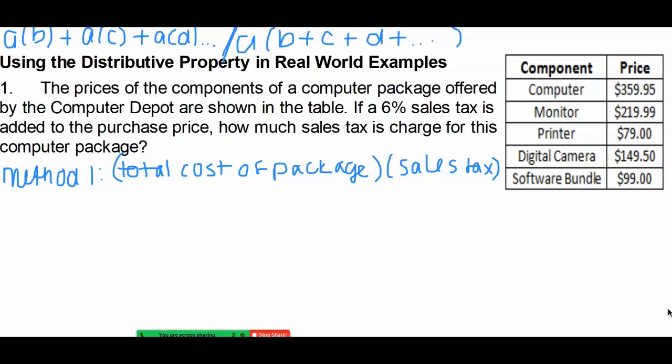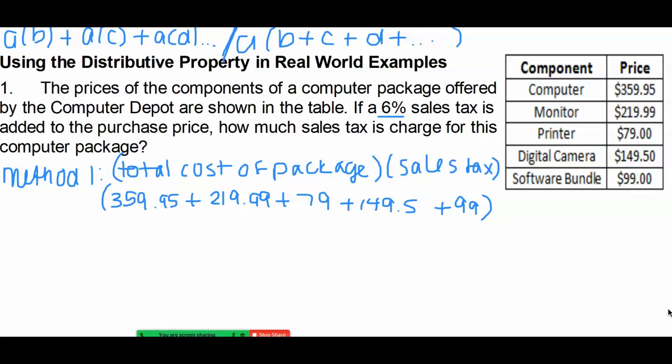So that would be 359.95 plus 219.99 plus 79 plus 149.5 plus 99 times the sales tax. If it's given to you as a percent, you need to write it as a decimal.